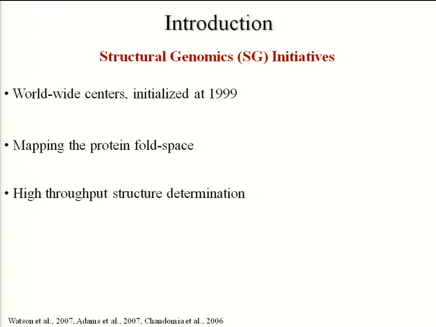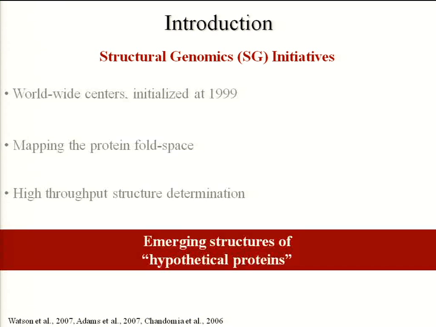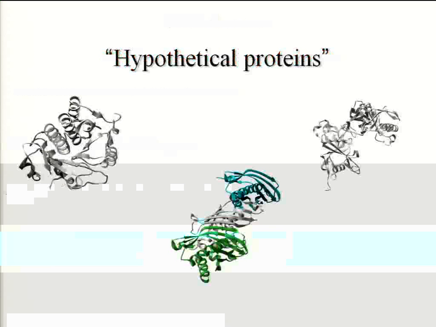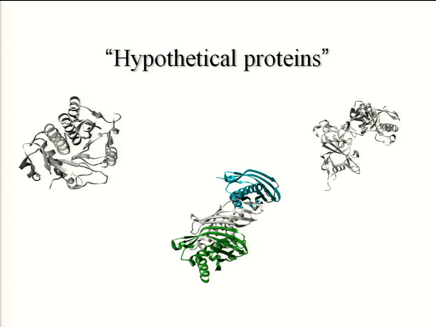We call them hypothetical proteins, and not necessarily the best name, but that's what they call them. And here are examples of hypothetical proteins, so they come in different types and different shapes, and the point is that we don't know what their function is. And the idea is to try to develop computational tools to predict their function.